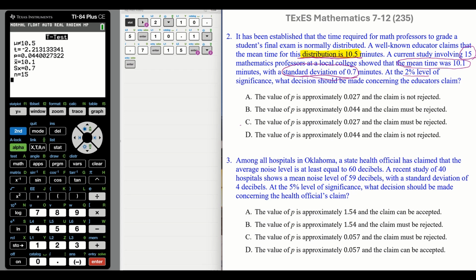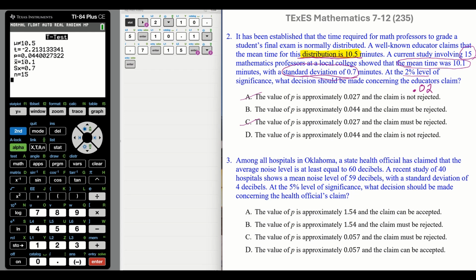From that, we know we can get rid of A and we can get rid of C. Now, is our p-value less than or greater than our percentage? Our given percentage is 0.02.